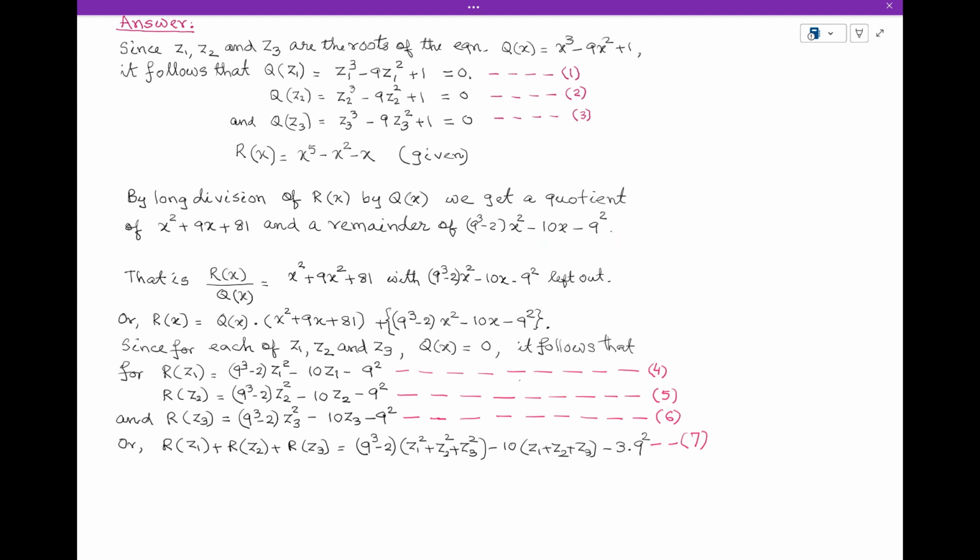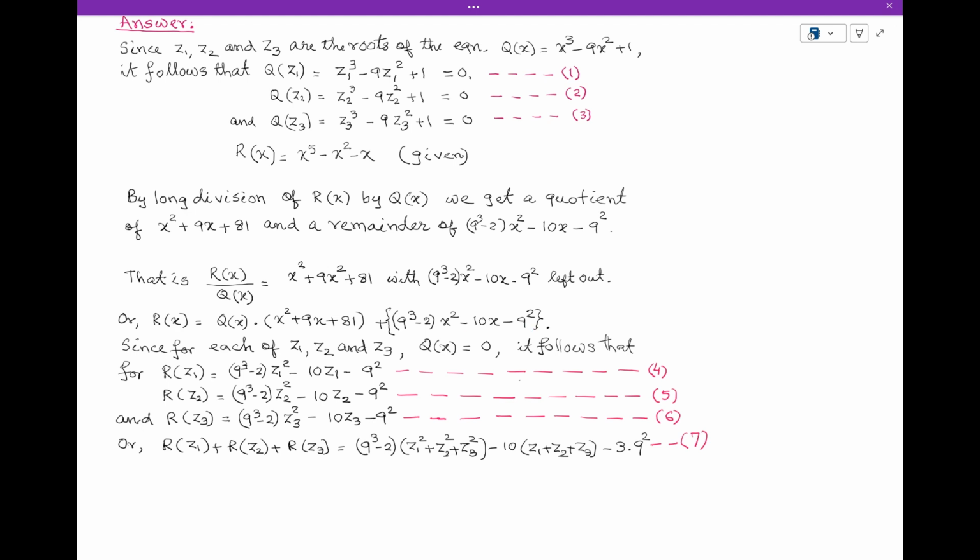That is, R(x) by Q(x) is equal to x squared plus 9x plus 81 with the remainder over Q(x). Or R(x) is equal to Q(x) multiplied by x squared plus 9x plus 81 plus the remainder.